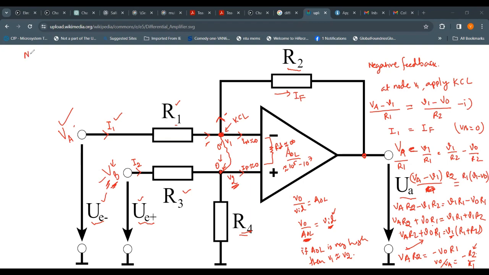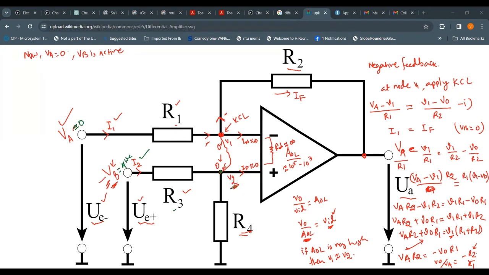Now let's say VA is equal to 0 and VB is active. So with VA equal to 0 and VB in place, we see that the current flows through the R3, and now we are at this node.